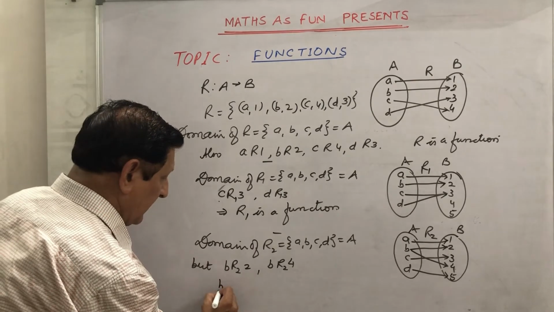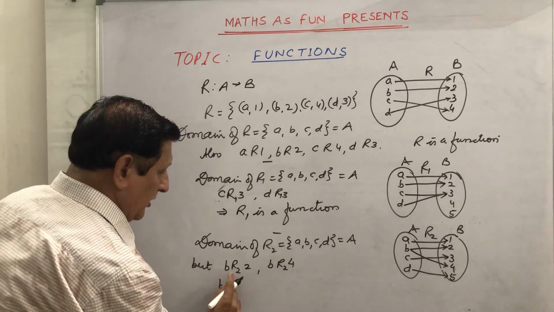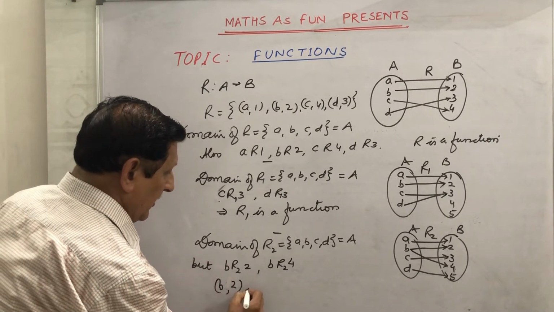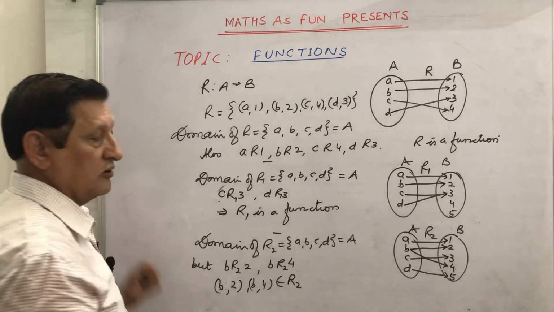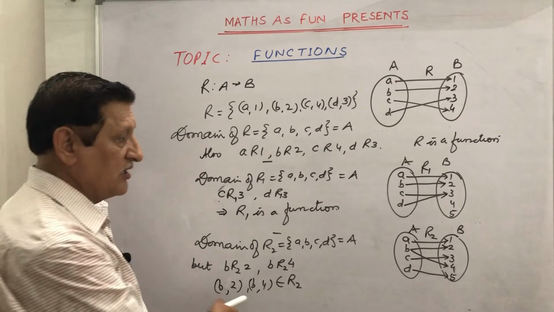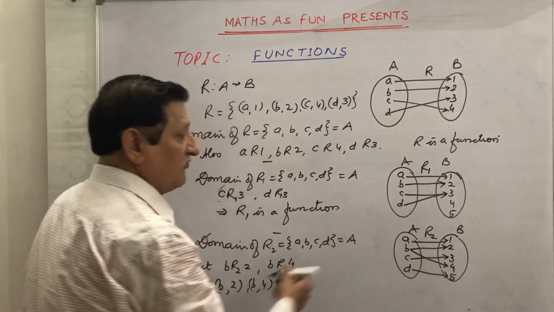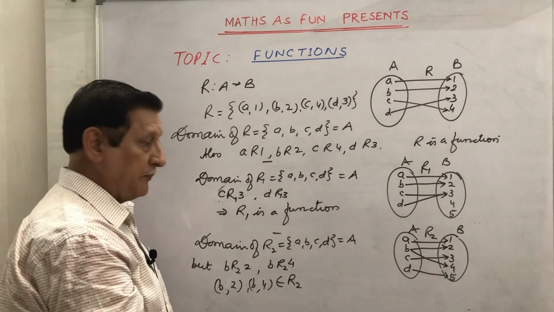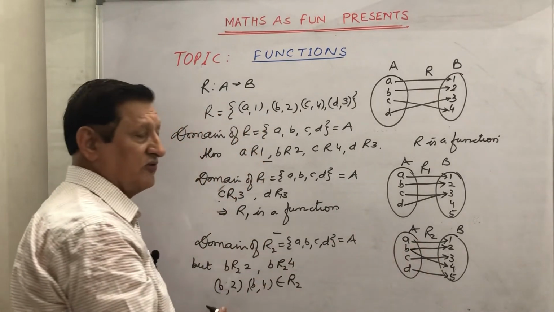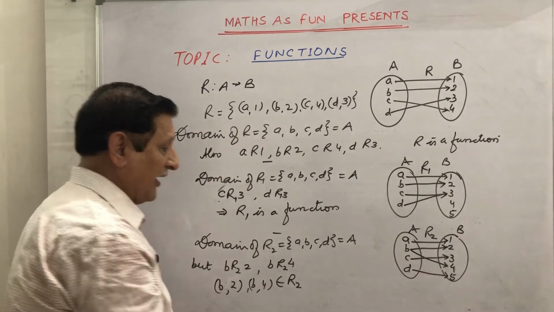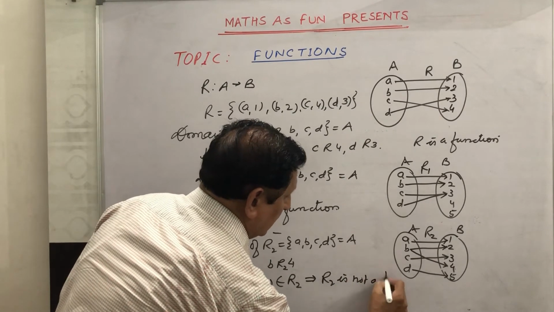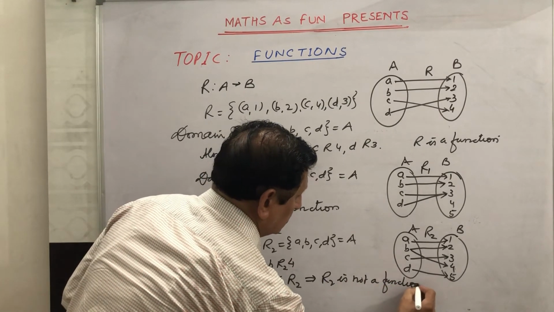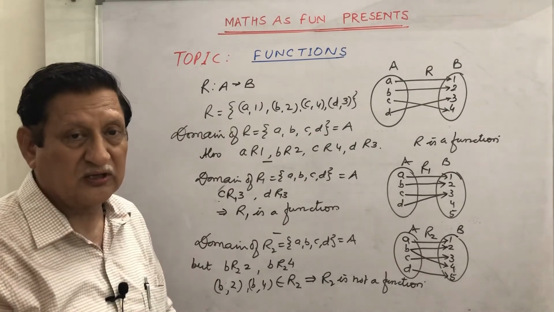So we can say that (b,2) and (b,4) both belong to R2. In this case, we find that b has more than one image. b is associated to more than one element of B, and this implies that R2 is not a function.